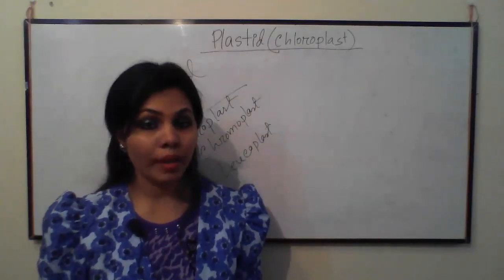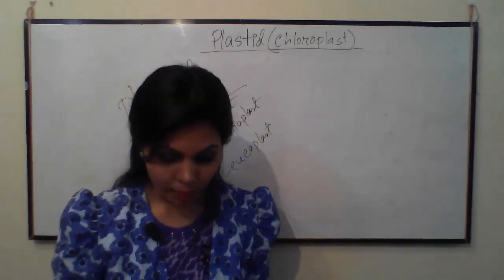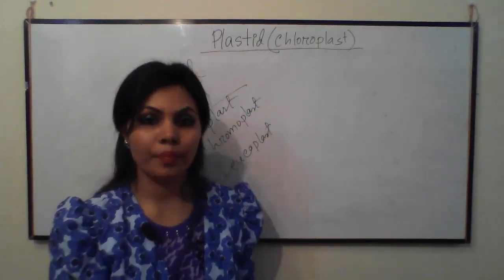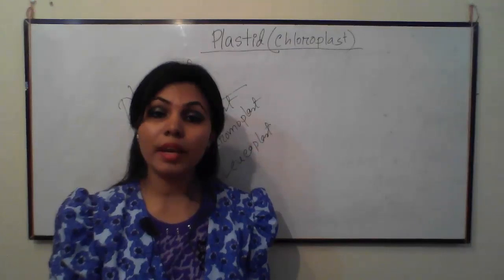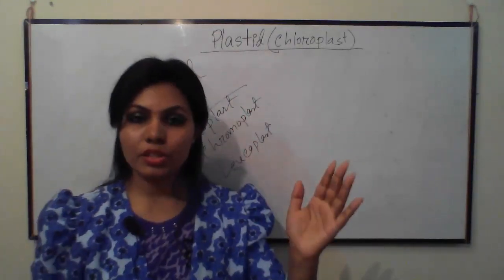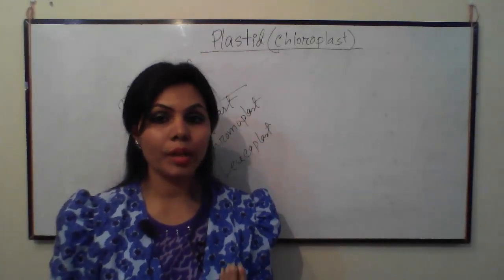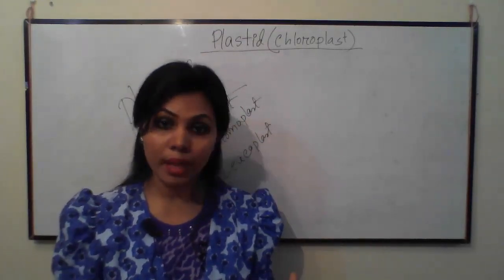So let us know again, what is plastid? Plastid is an important organelle of a plant cell and algal cell. The function of plastid is to produce and store food and cause the charming and colorful appearance of the plants.